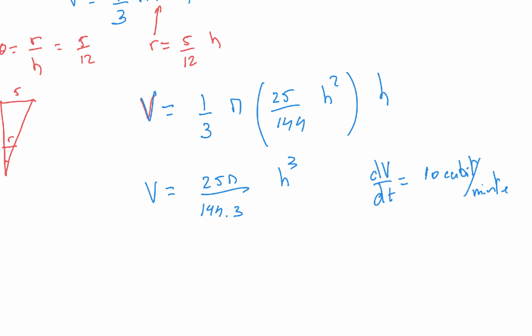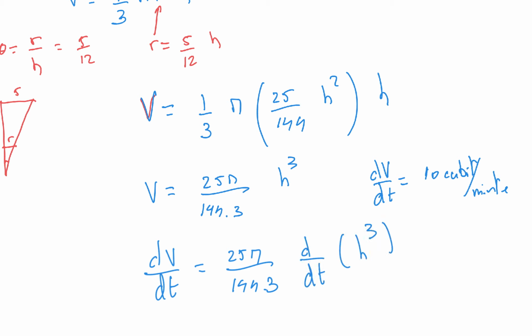Okay, and what I want to find is the derivative of h with respect to t, how fast the h is growing with respect to time. So we will do implicit differentiation here. We take the derivative with respect to t on both sides of the equation. The constants are 25 pi divided by 144 times 3, multiplied by the derivative with respect to t of h cubed.